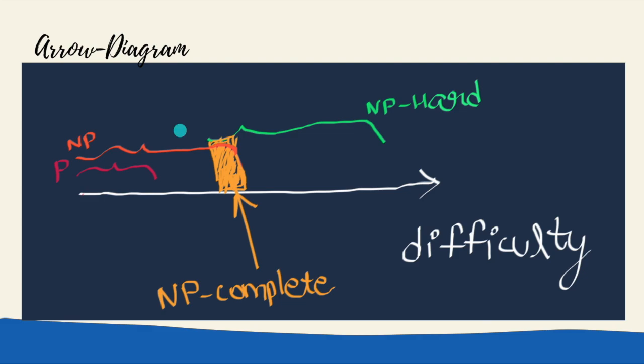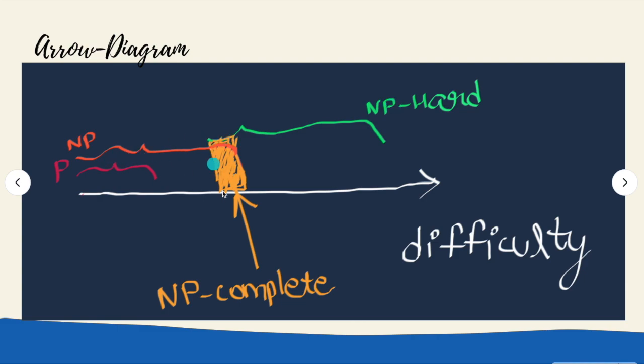Yeah, this is the diagram. We have P, and I told you that P is contained in NP, and we have the NP-hard class. I already told you that NP-hard problems need not be in NP.